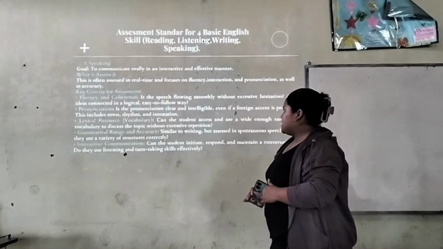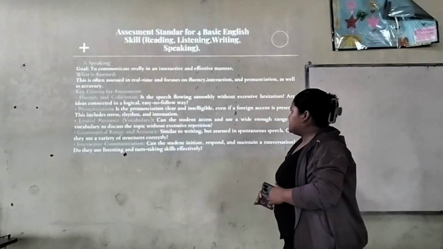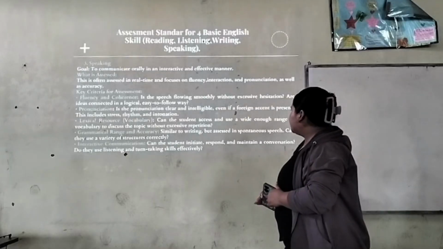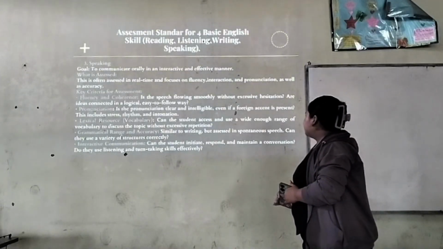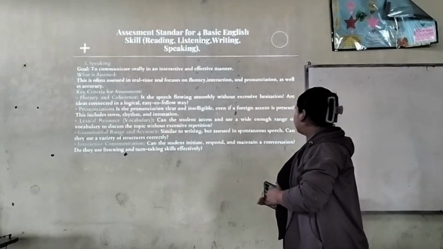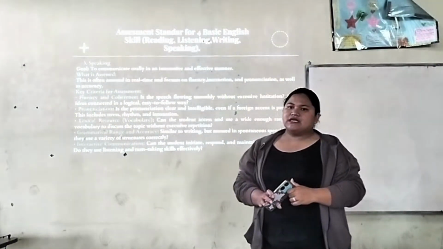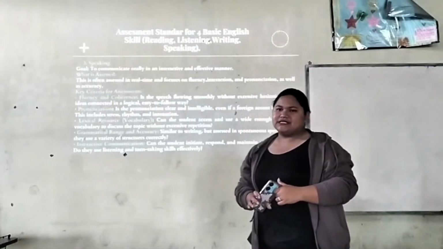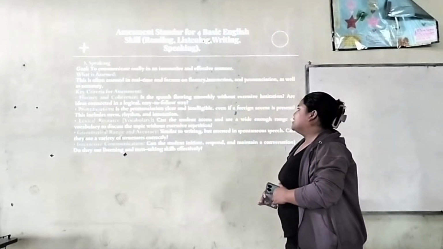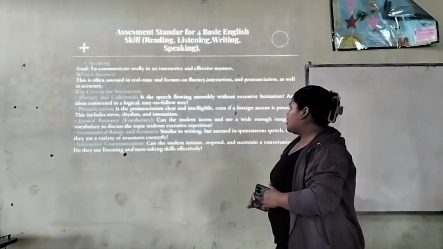And what is assessed? This is often assessed in real time and focused on fluency, interaction, and pronunciation, as well as accuracy. And what are the key criteria for assessment? The first is fluency and coherence.